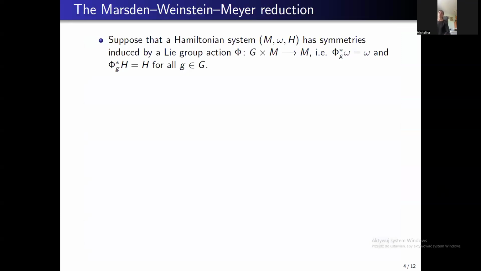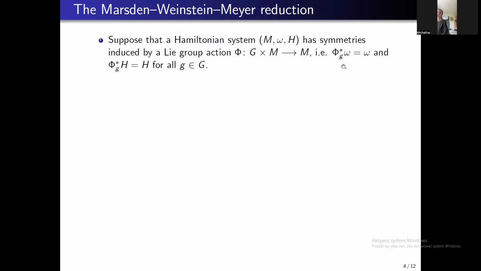Now I will sketch the idea of the Marsden, Meyer, and Weinstein regular symplectic reduction. Suppose that we have a Hamiltonian system, that is, a smooth manifold, a symplectic form on it, and also some Hamiltonian function, and that it has symmetries induced by some Lie group action.